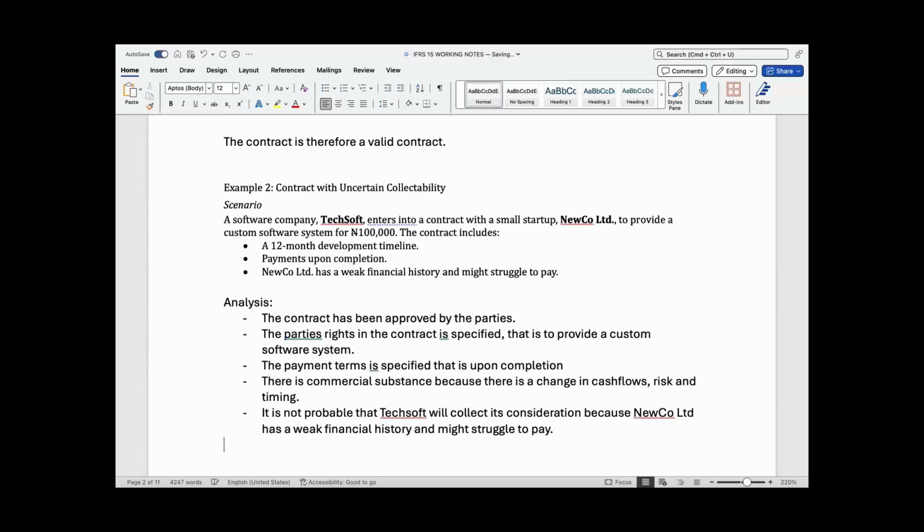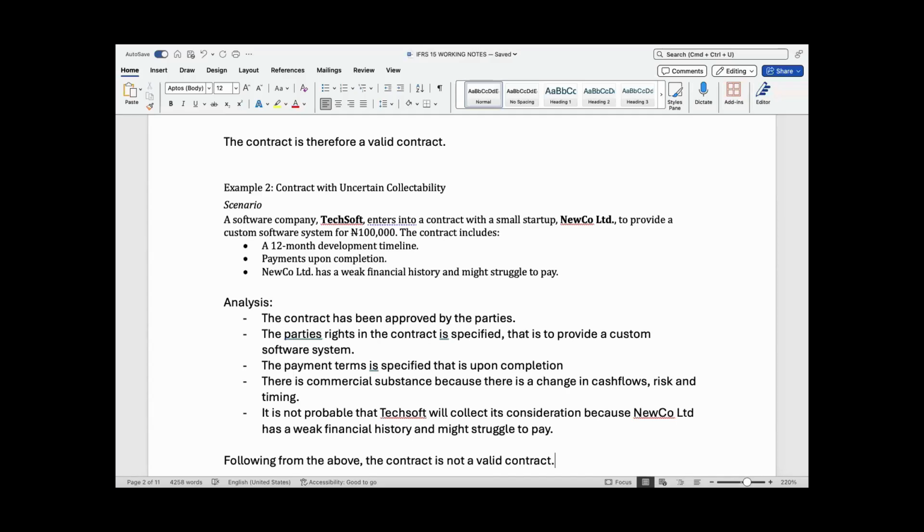So, following from the above, the contract is not a valid contract.